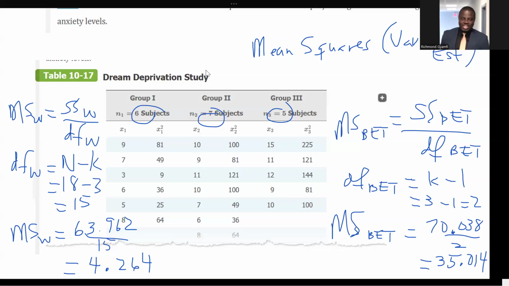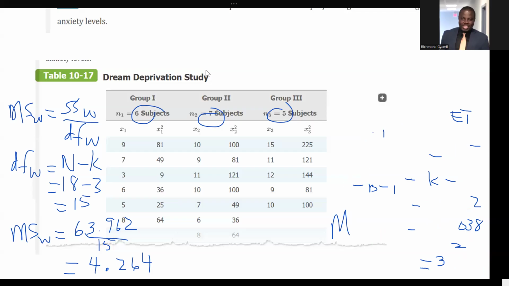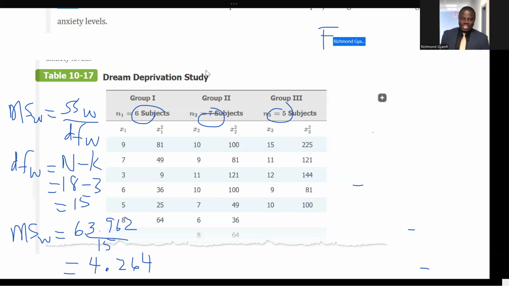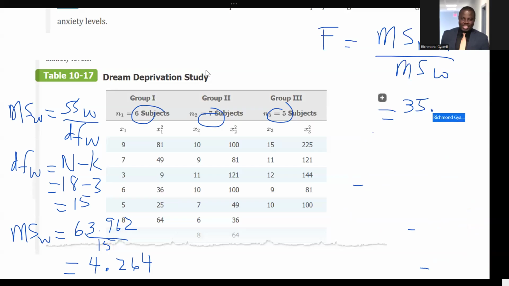So now to find our F ratio or F statistic, we're going to have MS numerator over MS denominator. So F equals MSBET over MSW. Now, MSBET was, I think, 35.014, and then MSW is 4.264.